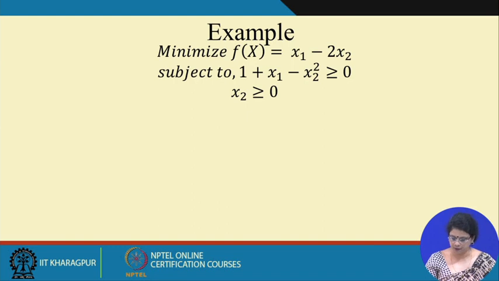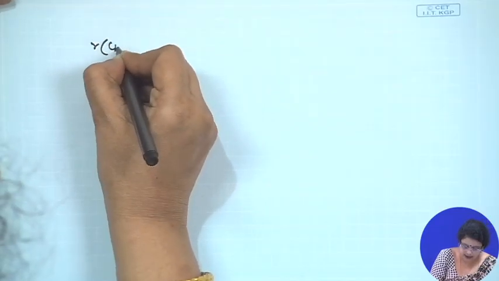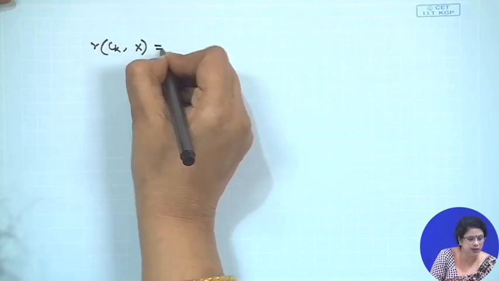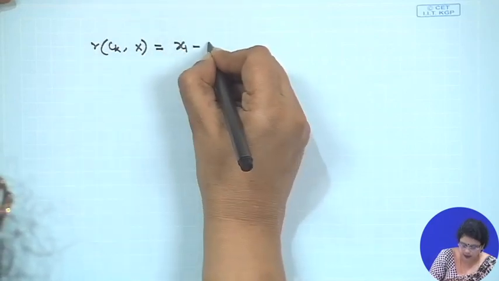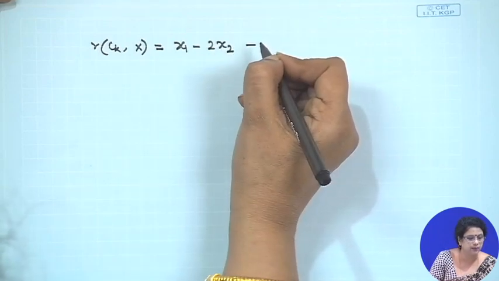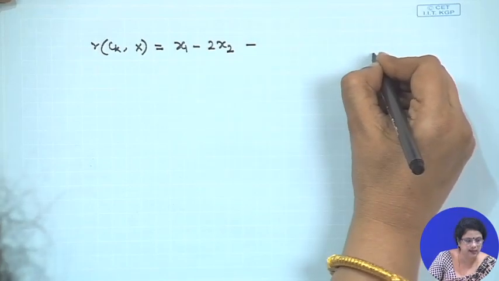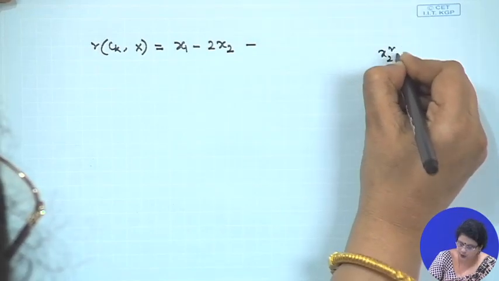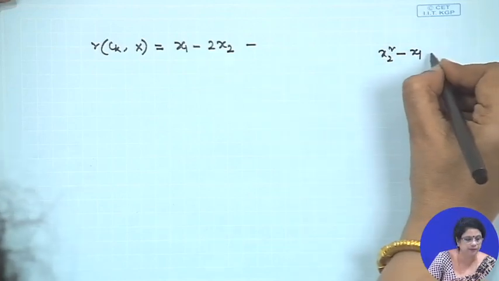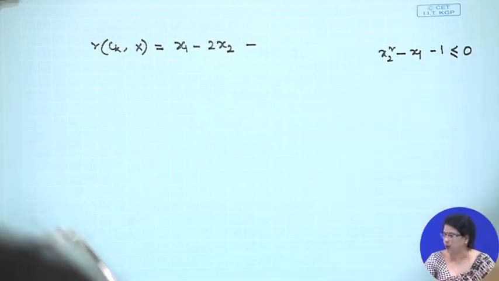If this is the problem for us, then we can say that our function must be equal to x1 minus 2 x2 minus, if I consider g(x), it will be x2 square minus x1 minus 1 less than or equal to 0.